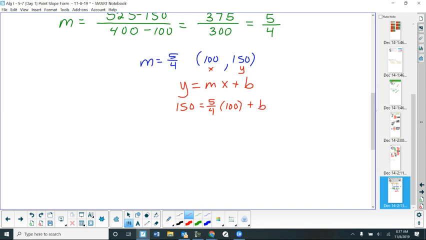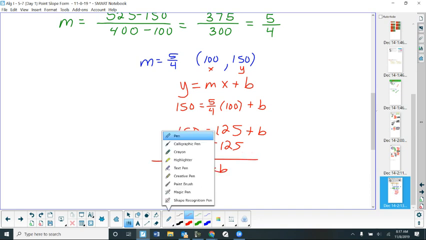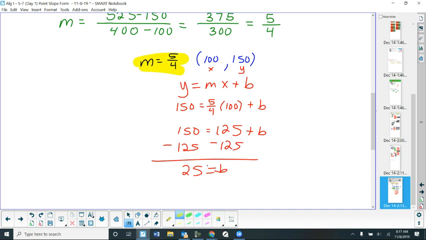Okay, I'm going to give poor Avery a break. She's ready to be done. Okay, Sophia's not here. Darius, what'd you get when you multiplied 5/4 times 100? 125. Now what do you do? Subtract 125, and what did you get for B? 25 equals B. Okay, so now we got M, we got B.